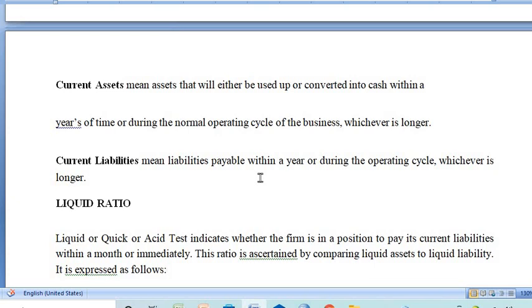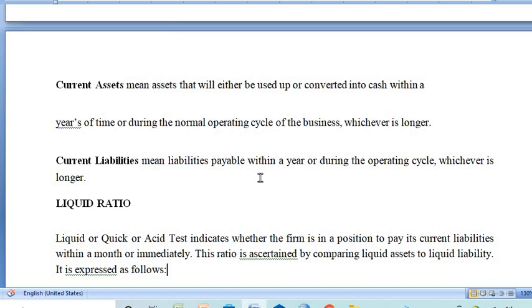We compute this ratio to find out the ability of the firm to pay off the current liability with the help of the quick asset or the liquid asset.